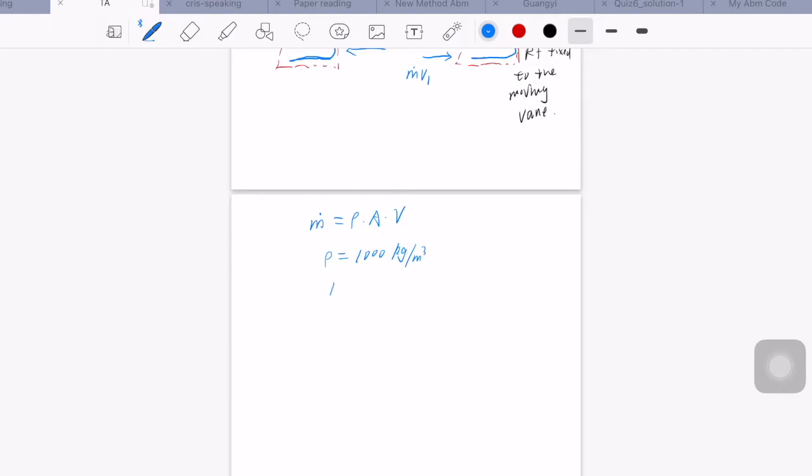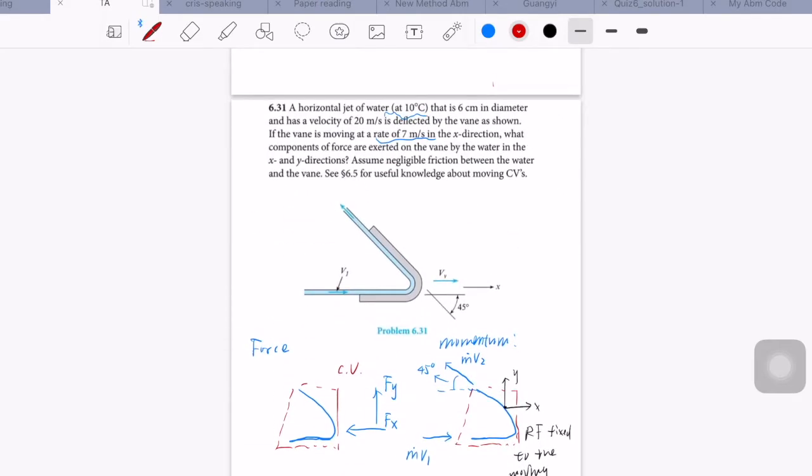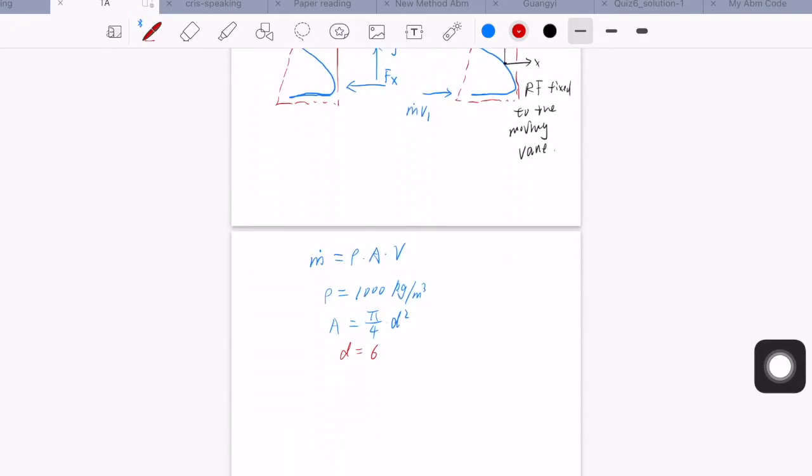And we know A is pi over 4 times D squared, and we know D is 6 centimeters, equal to 0.06 meter.